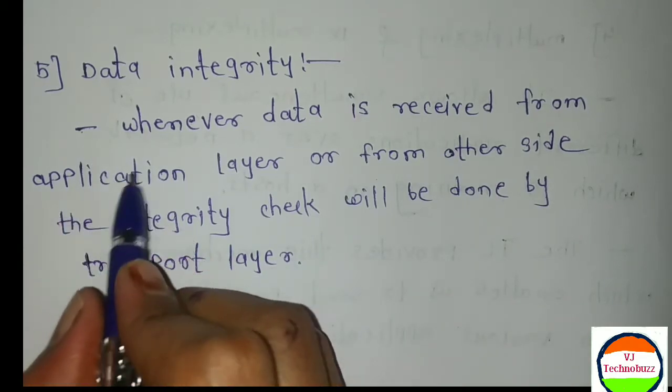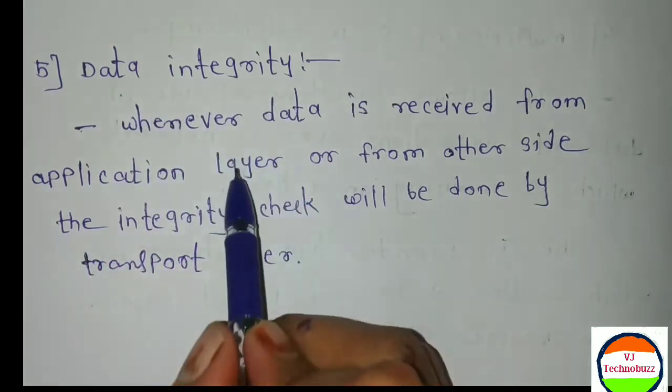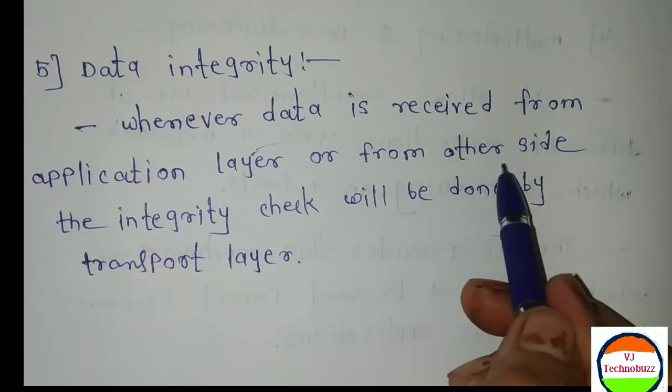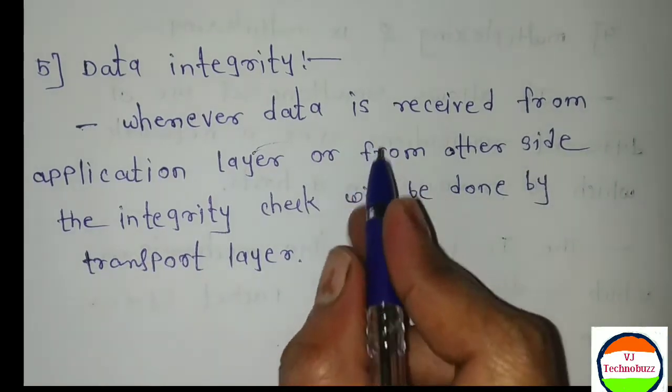So this is the fifth function of transport layer, that is data integrity.